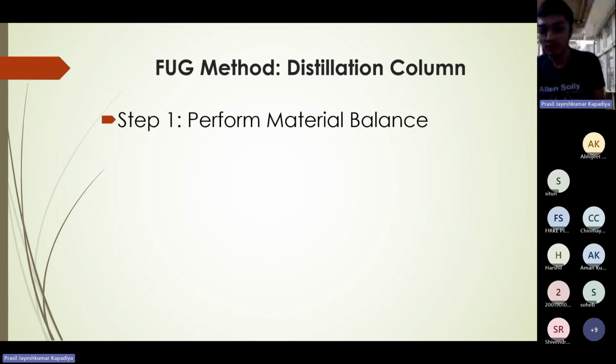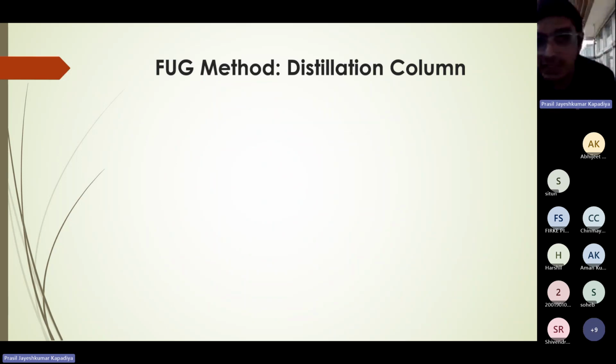So in this shortcut method, first we perform a material balance. Before going to this, why am I teaching this shortcut method? Because in Aspen Plus, you have used this DSTWU model, right?